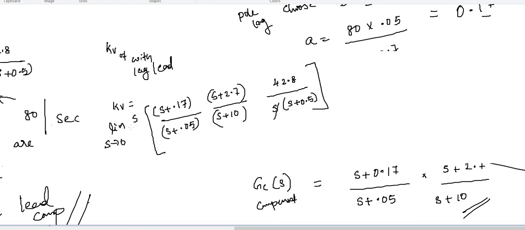This s and this s will cancel out, and when you apply the limit, it will be approximately 80 per second. Instead of 0.17, I am getting a velocity error constant of nearly 79. So if you want to get 80, we can rewrite 0.17 as 0.18, and you will get the velocity error constant approximately equal to 80 per second.